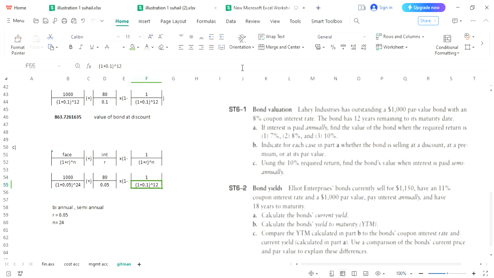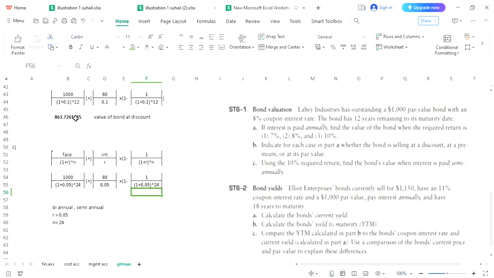Now the third part, again the rate of interest you have used is 10%, but now 0.05 rate of interest will be used. Again 2 decimals have been put, and the duration will be 24 biannuals instead of 12 years. So this way you have completed your formula.